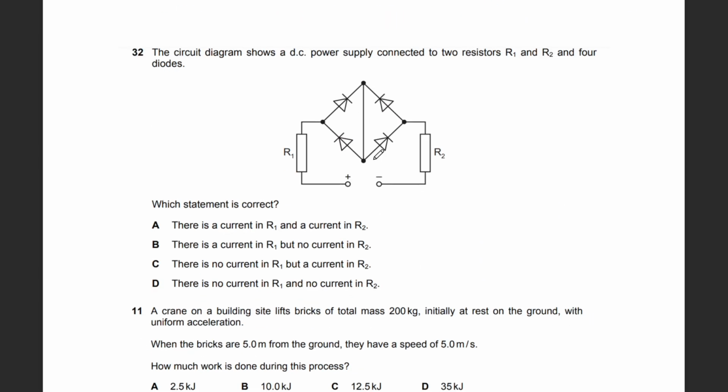The circuit diagram shows a DC power supply connected to 2 resistors, R1 and R2, and 4 diodes. Which statement is correct? Okay, so it's all about current, so we'll trace the current.